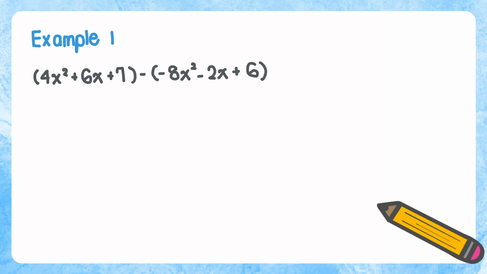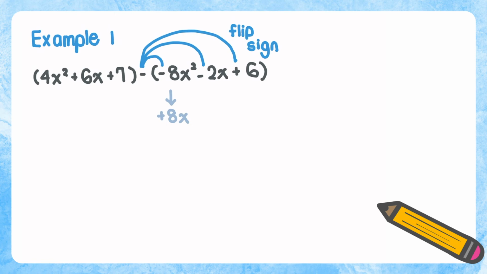So we're basically going to distribute this minus sign to each term in the second part of this expression. Basically, we're multiplying each term by a negative. And when you're multiplying by a negative, basically you're just flipping the signs. So the negative 8x squared is going to turn into a positive 8x squared.